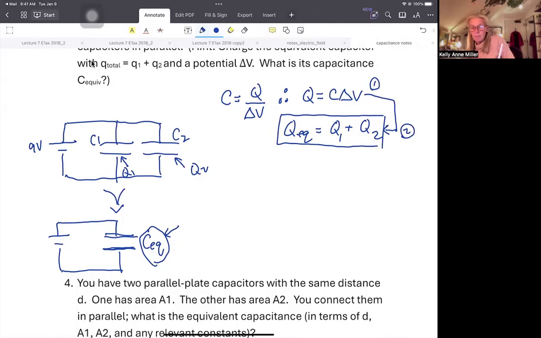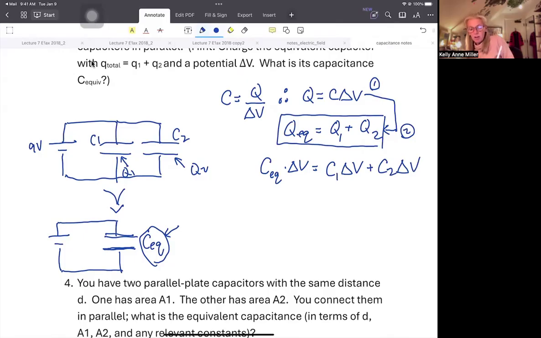Okay, so I could say that the Q equivalent is just going to equal C equivalent, which is what I'm trying to figure out, times the potential difference, equals C1, the capacitance of capacitor 1, times the potential difference, plus the capacitance of capacitor 2 times the potential difference.